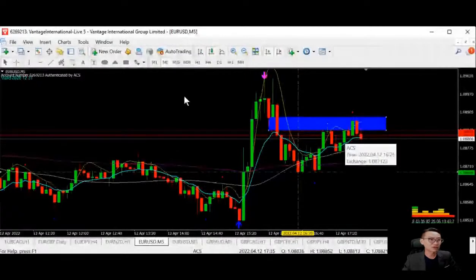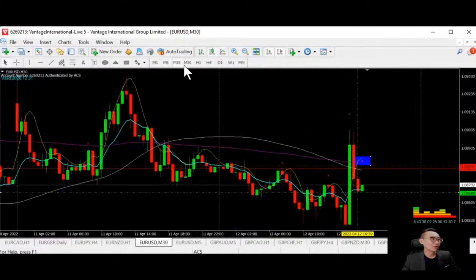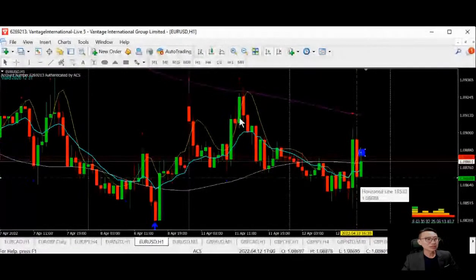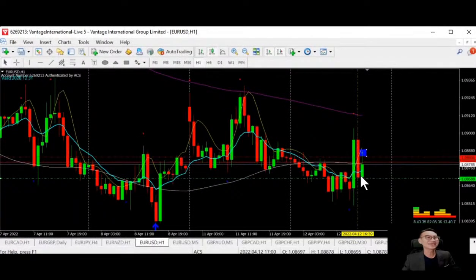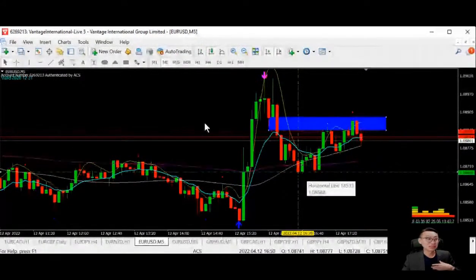It's so small that you don't see it in H1 at all. Within that 1 hour of movement only, you cannot see anything. So this swing is very small to me.